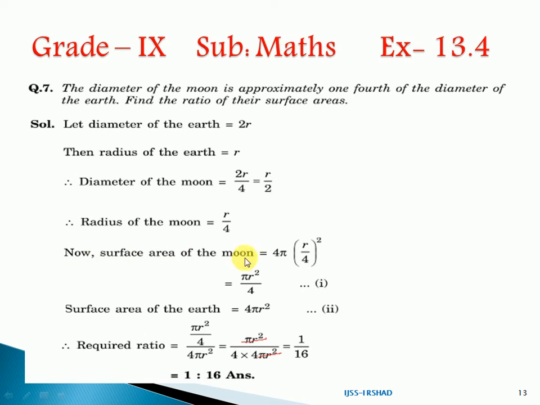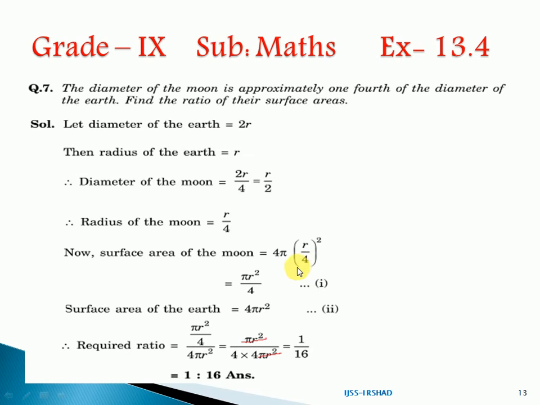Now the surface area of moon will be, the surface area of a sphere is equal to 4 pi r square. So 4 pi, and instead of r we put the radius of moon, so r by 4, and that is squared. So it will give you 4 pi r square by 4 square, which is 16.